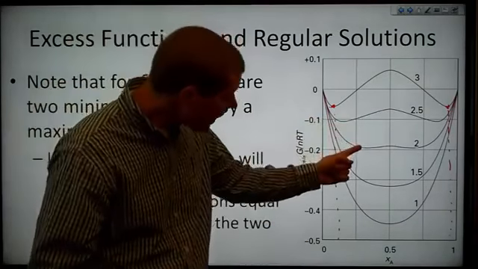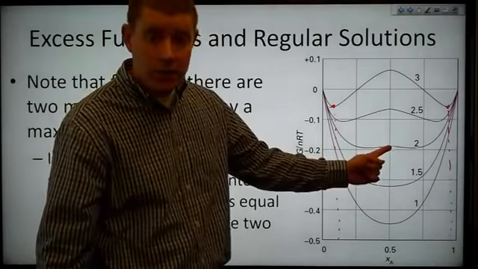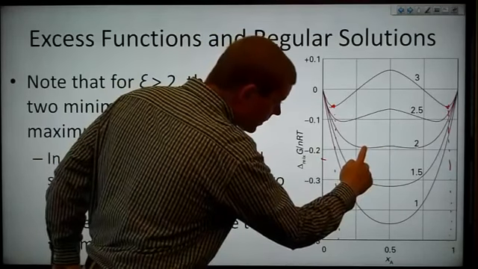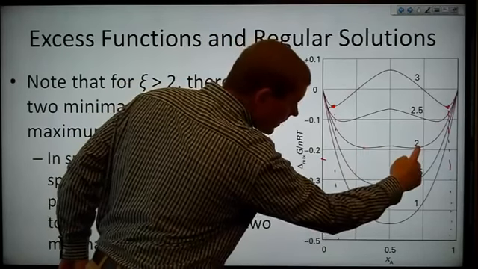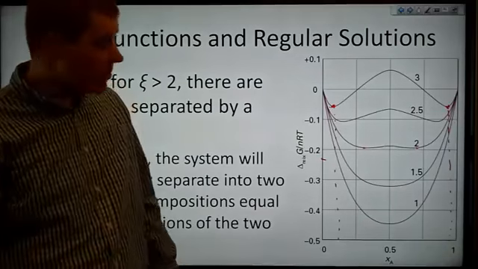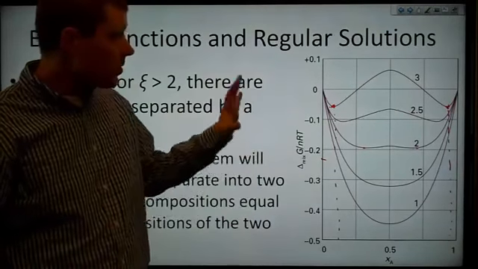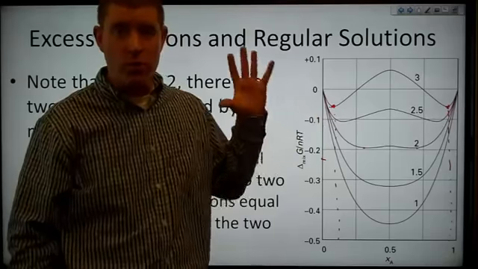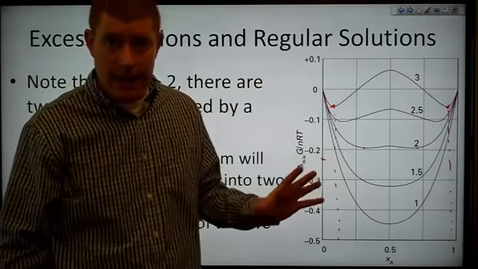Note that this will even happen at xi of 2. We do have a slight rise here, and so we'll get a value here and there, wherever exactly the minima are. This is happening because the system wants to go to the lowest Gibbs energy it can.